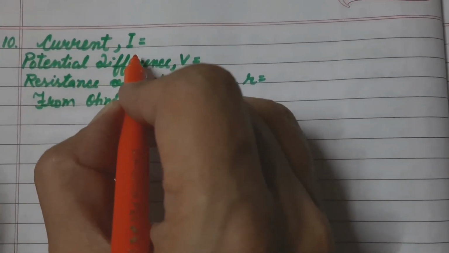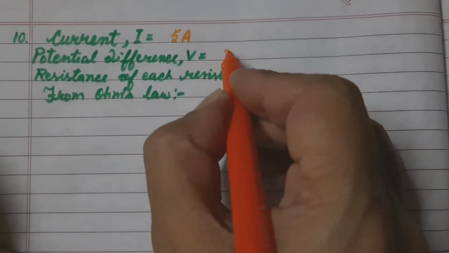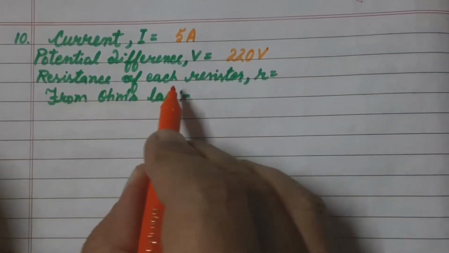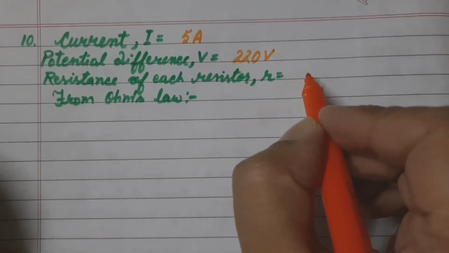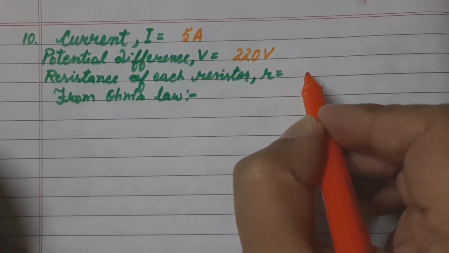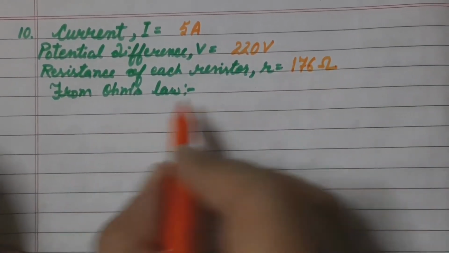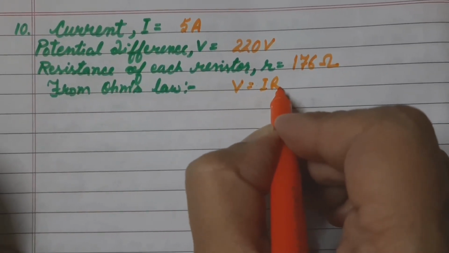Current I, 5 ampere, potential difference V, 220 volts, resistance of each resistor, that is given in the question, which is 176 ohm. From Ohm's law, we know that V is equal to IR.